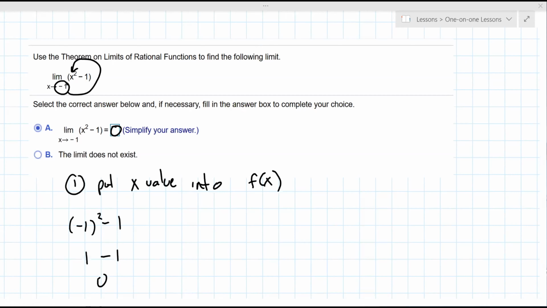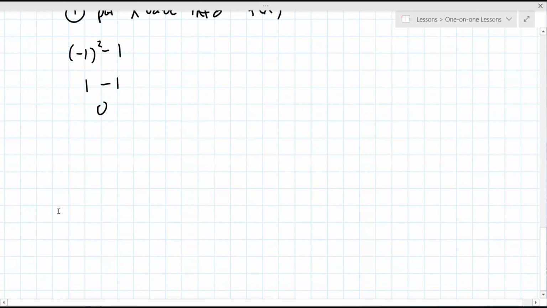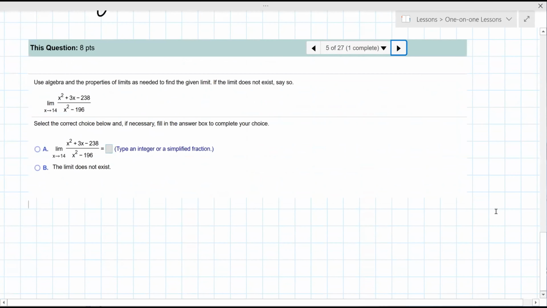Okay. We're on to question 5. So this is probably the one you're going to get on your test, unless you just get a carbon copy of your practice.